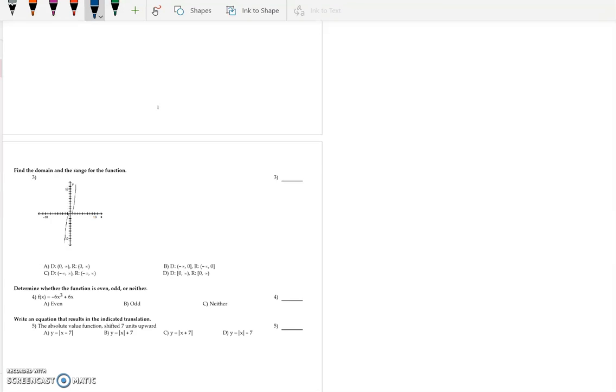We have the function number 3, and obviously this goes from negative infinity to plus infinity, and we end up with a domain of negative infinity to plus infinity, and the range is also negative infinity to plus infinity. In that case, the answer is C.